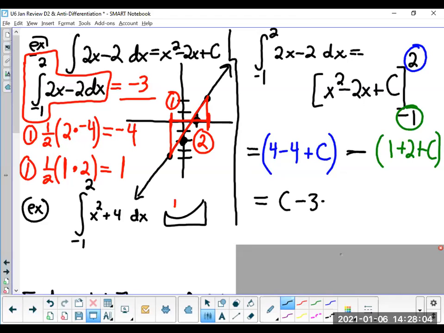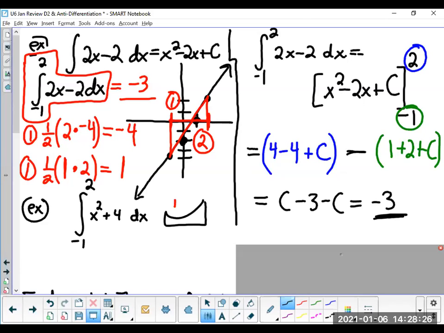So I have c minus 3 minus c, which is -3. How do you like them apples? 'Tis the same. So the notation for antidifferentiation and integration are the same because they do the same math.